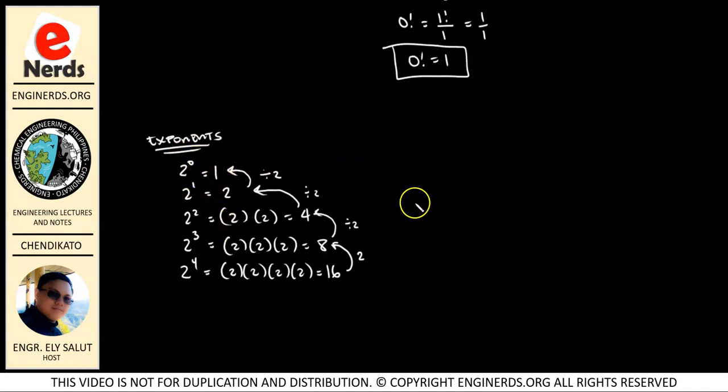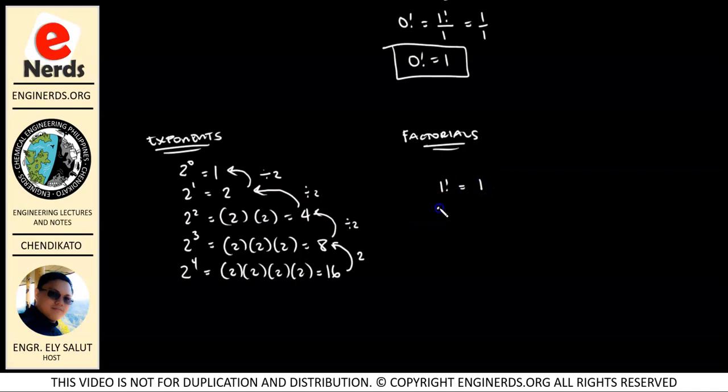Now, let us try to do the same pattern in factorials. Okay? Let's say we have 1 factorial, which is equal to 1.